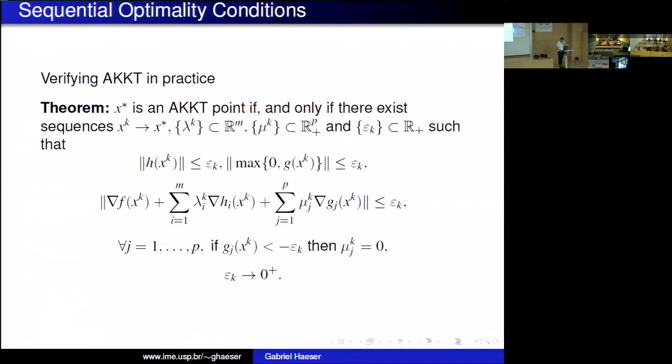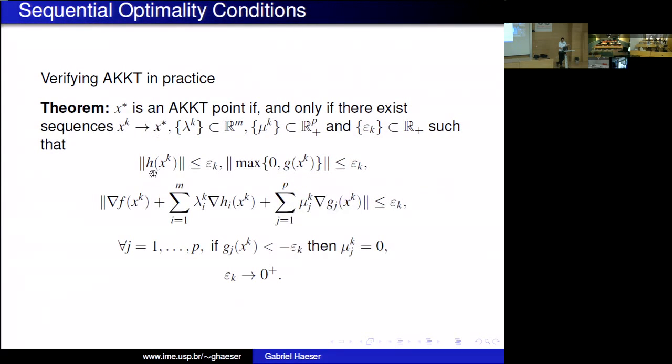Okay, so we can prove this theorem that characterizes an AKKT point with this condition. I can state here the precise epsilon that I can measure. This previous condition is equivalent to the existence of the same sequences, and now an additional positive sequence epsilon k, such that epsilon k goes to 0. Now the feasibility is replaced by this, since I don't have the assumption that x star is feasible.